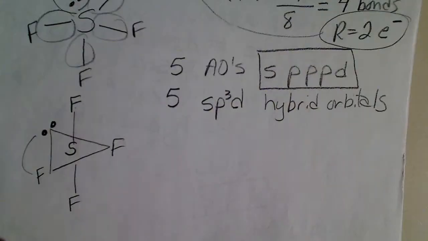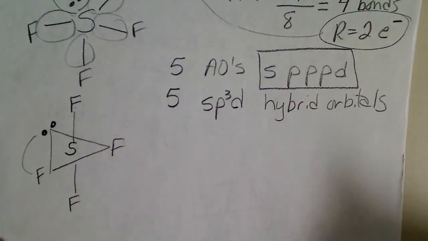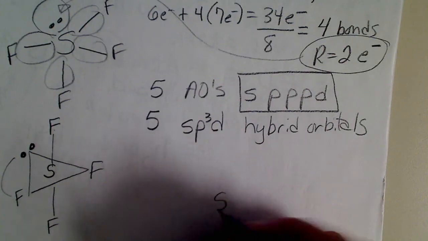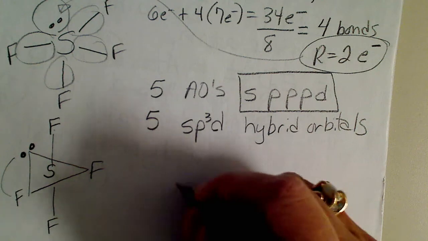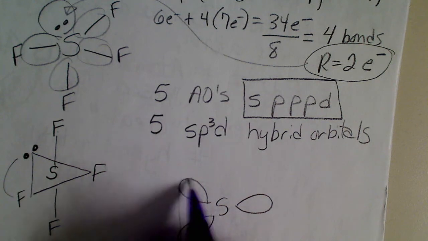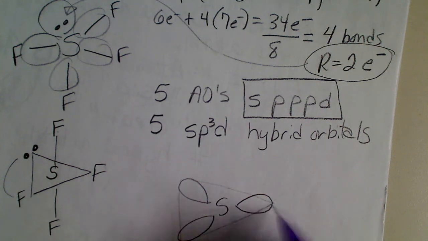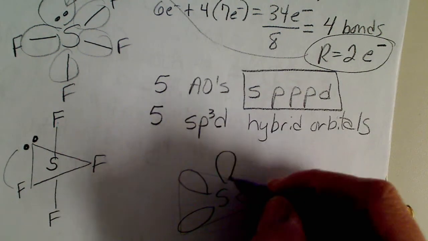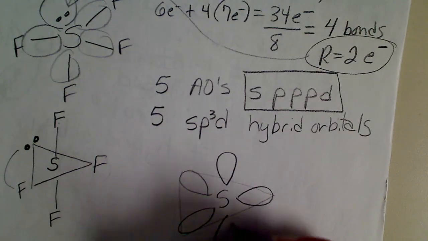If we drew this with hybrid orbitals, I wouldn't be able to do that very well. We have sulfur, and if I try to draw these like a triangle, so this again would be the horizontal plane perpendicular to the paper, and then an orbital above and one below.